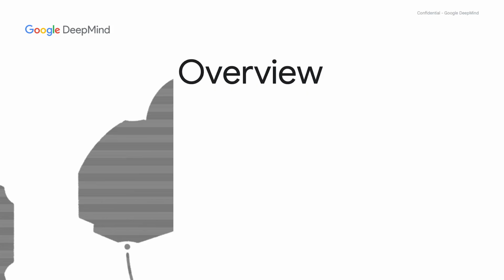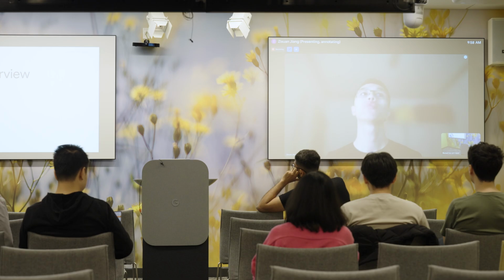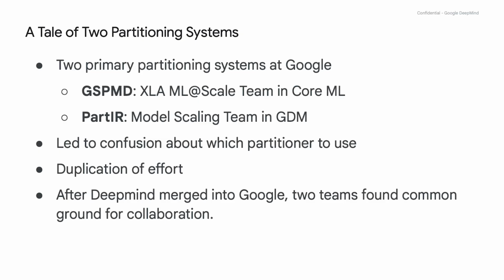In today's presentation, I will give an overview of the whole partitioning system. Afterwards, we'll dive into specific components in Shardy. First of all, the history of these partitioning systems. At Google, there are two primary partitioning systems. The first one is maintained by XLA, which is GSPMD.